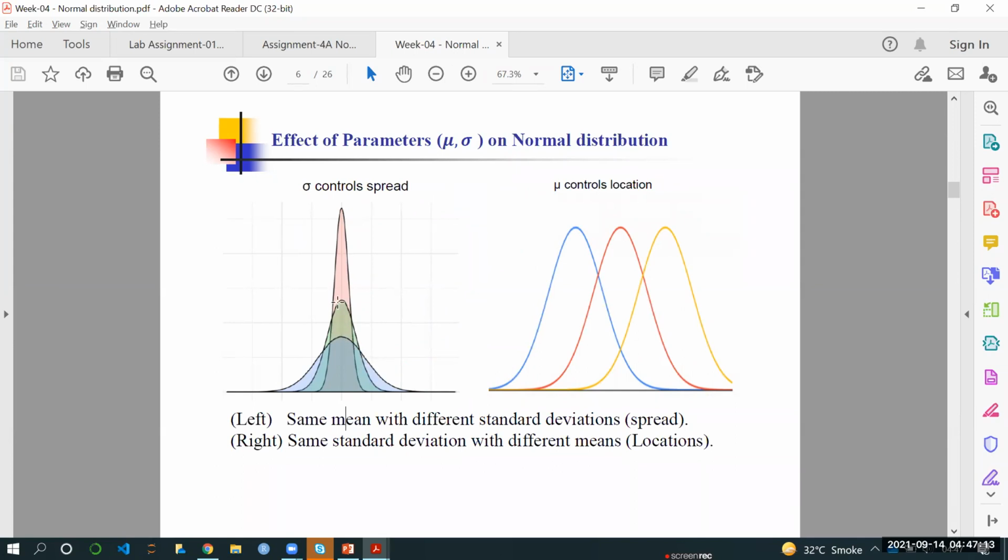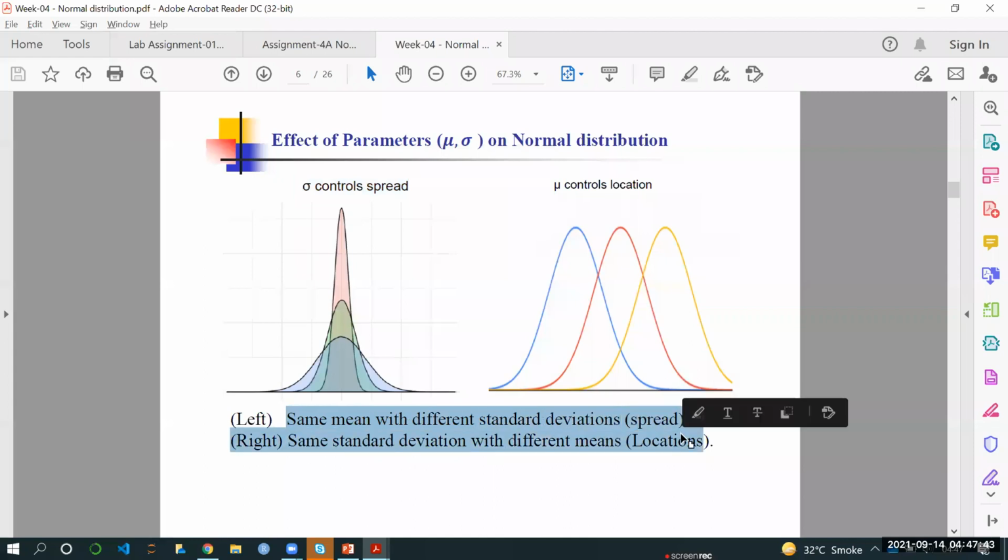When sigma square is medium, it is mesokurtic. And when sigma square, the variance of the data, is large, then we have a leptokurtic curve. So there are three possibilities in a normal distribution when the mean is constant and we change sigma square. Sigma square is the variance, sigma is the standard deviation. Same mean with different standard deviation.